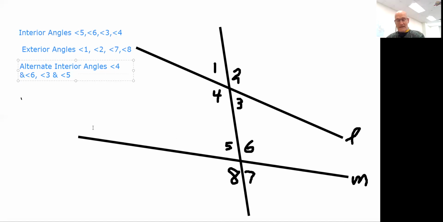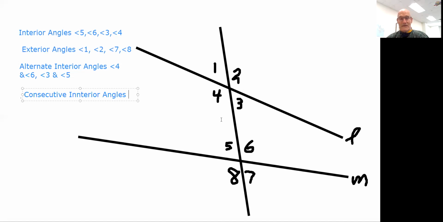Now, the next type that we have is what is called consecutive interior angles. And these are on the same side. Once again, they've got to be interior, so that means they have to be one of 3, 4, 5, or 6. But now they're on the same side.